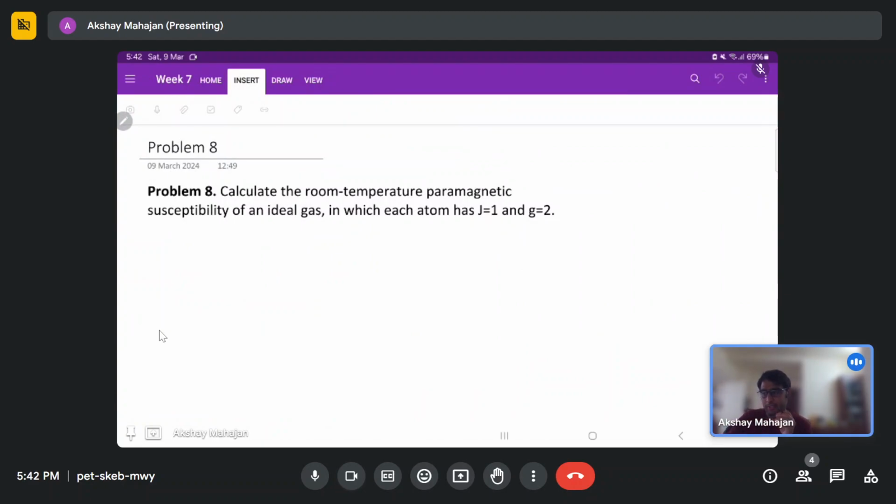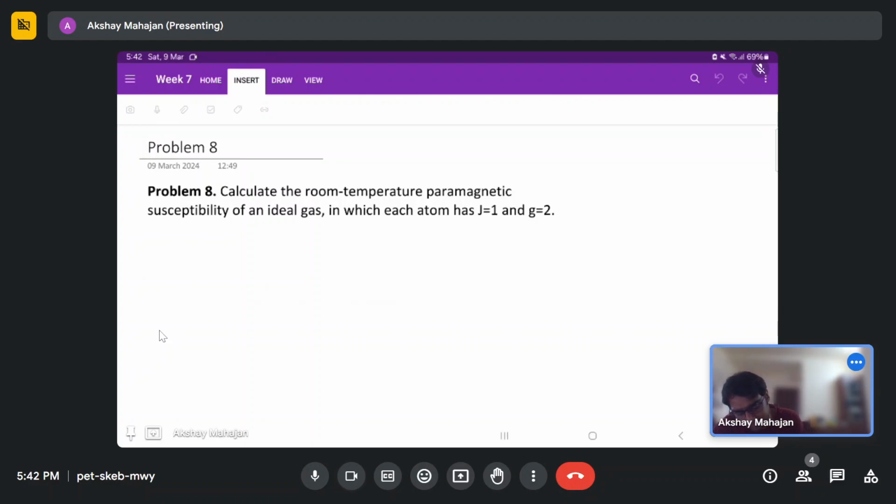So here we have to calculate the room temperature paramagnetic susceptibility of an ideal gas in which the atom has j equals 1 and g equals 2. Okay, and nothing else is given to us, and we have to find the paramagnetic susceptibility.